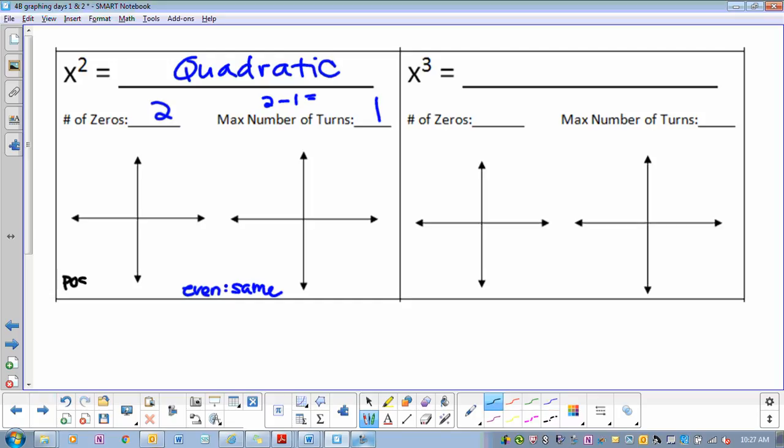So a positive, like y equals x squared, dot, dot, dot. And then we have a negative, like y equals negative x squared, dot, dot, dot. Okay?